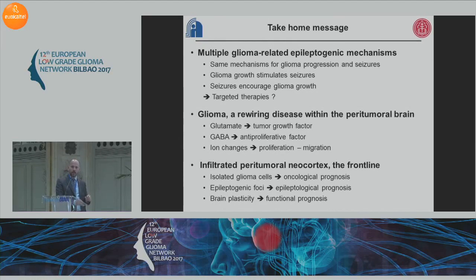And in fact, this structure, which is the peritumoral cortex, the infiltrated brain within the early periphery of glioma cells, is a front line for the war against glioma, because it contains isolated glioma cells that account for the oncological prognosis. It contains the epileptogenic foci that account for the epileptic prognosis, and it contains plasticity.